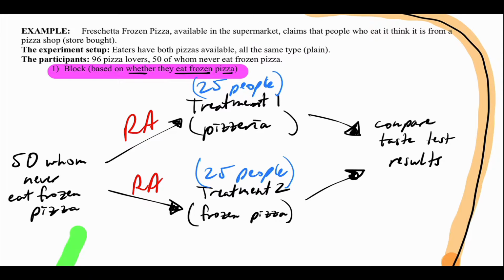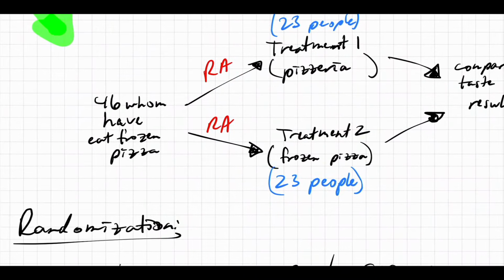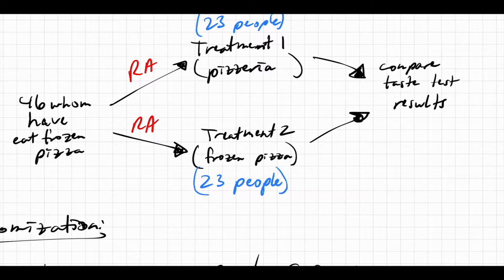So if we use 96, then I wouldn't have another group, right? It's blocked based on whether you've eaten frozen pizza before or have never eaten frozen pizza in your life. So if I use 96 here, there's going to be no one else for the other group.